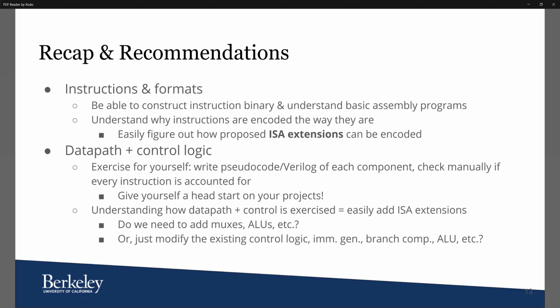Especially with some of this RISC-V stuff, you have to really understand what's happening under the hood. What do you recommend for studying for this midterm? I can't tell you to study less of something, because at the end of the day, we're testing whether or not you understand.